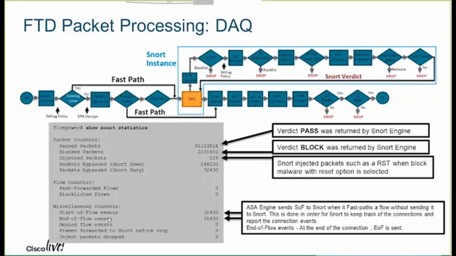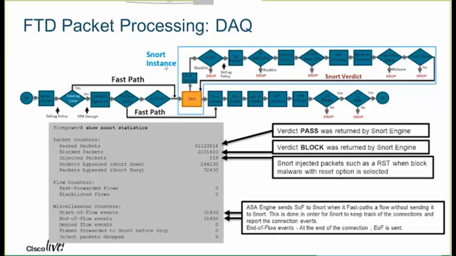The start of flow events and end of flow events are a condition wherein you have fast path enabled on the pre-filter policy. Given that we are not actually sending the traffic over to Snort when the action is set to fast path, we still have to log that connection event on the FMC.